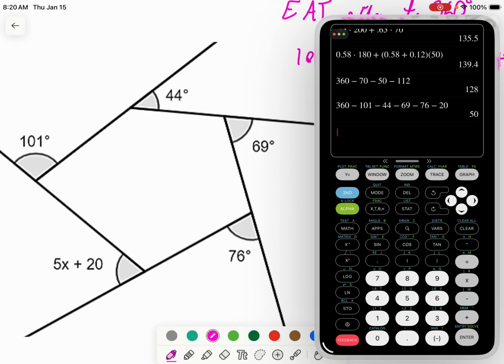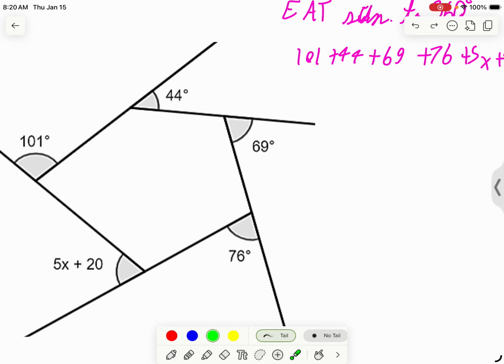I got 50 degrees. So I subtracted each of these parts. This, and this. So I know that 5x is equal to 50. Divide both sides by 5, and x is equal to 10.